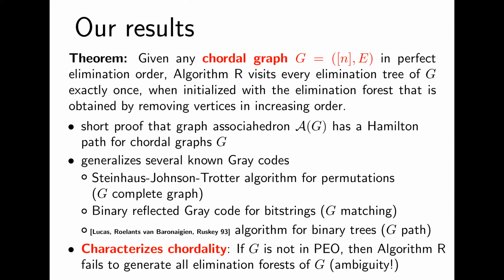So it gets stuck because of ambiguity. This is what we saw for the 4 cycle. The 4 cycle has no perfect elimination ordering because it's not a chordal graph. And then we saw that the algorithm gets stuck. And this is a guaranteed statement that is always true. So it's an if and only if. It's a characterization of chordality. The theorem states only one direction, which is important for the generation task, but it is actually an if and only if.